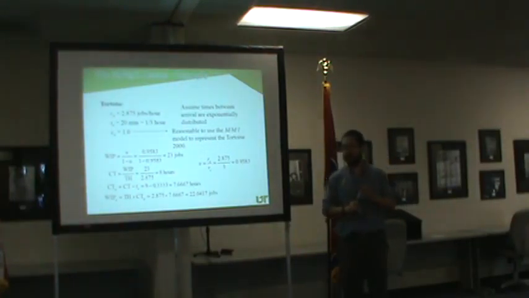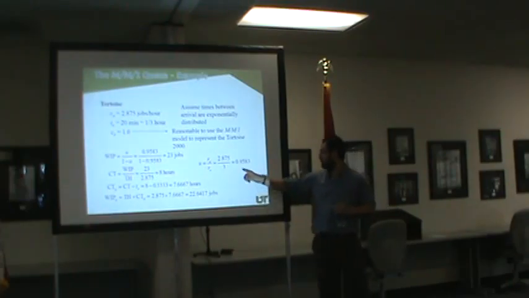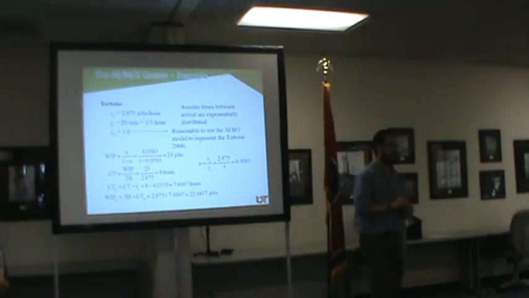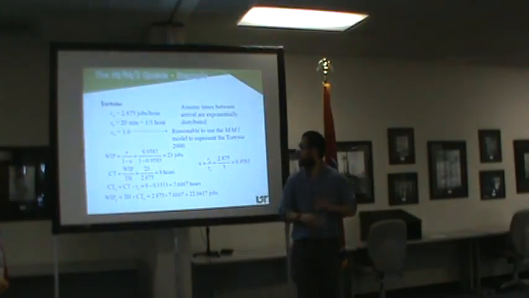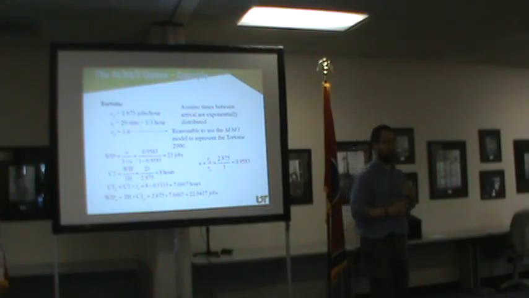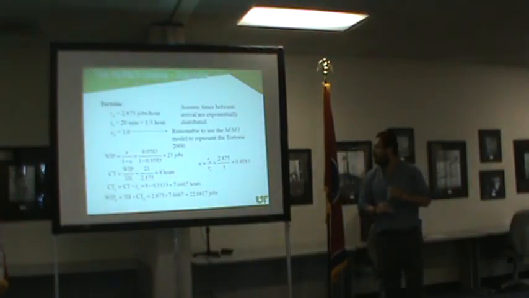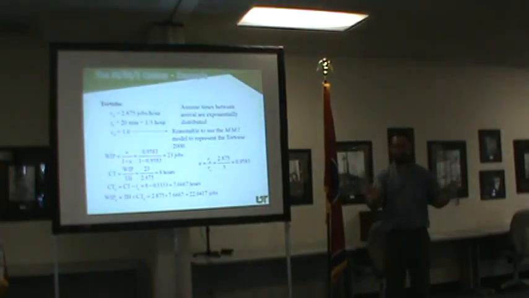Does that make sense? So the utilization is 95%. So we just take that, 95%, over 1 minus 95%. That's roughly 23 jobs. So at any given time in that process, we're going to find 23 jobs overall.